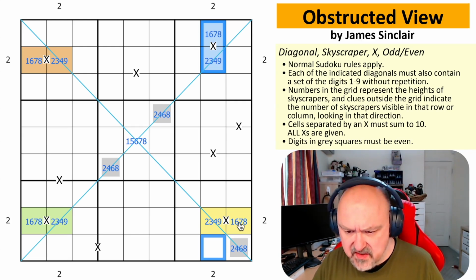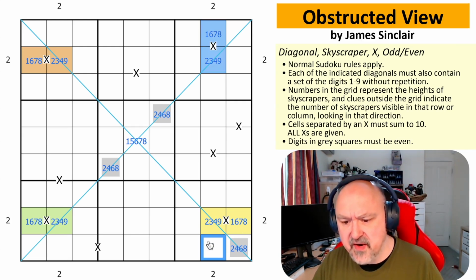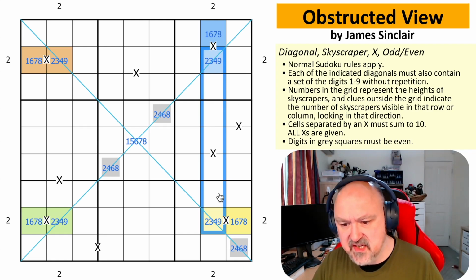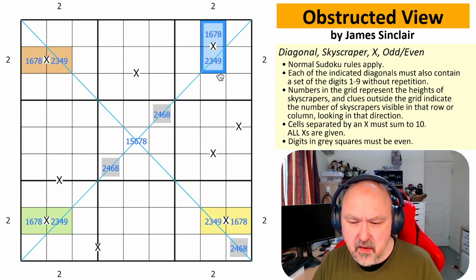So this couldn't be 2, 8. And that's because if I put anything other than the 8 in here, I couldn't put the 8 in here without breaking it. So this is 1, 9.